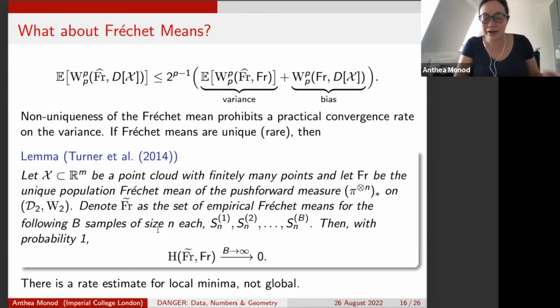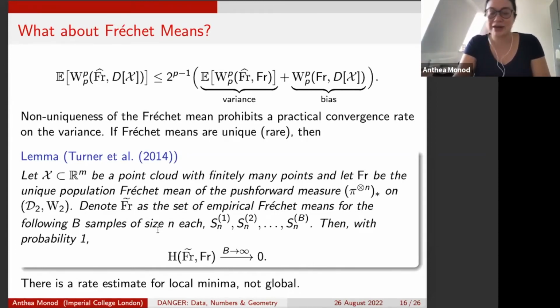So it's far from obvious that Frechet means should be unique and that we can ever get this kind of guarantee on the rate of convergence here. So this is the only thing that we have so far. It only holds when Frechet means are unique, which is far from obvious.